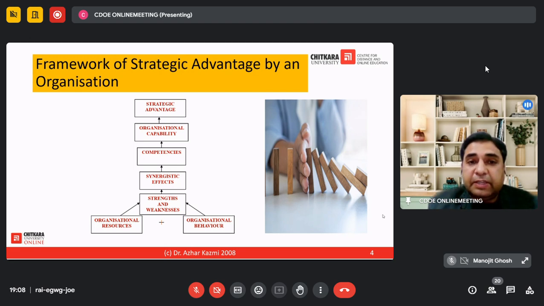This inertia came because they did not handle the framework of their organization in a better way. So this means the process which you are watching right now, organizational resources, behavior, strengths and weaknesses, synergic effect, competencies, organizational capability, strategic advantage, they have not rigorously gone through this profile.